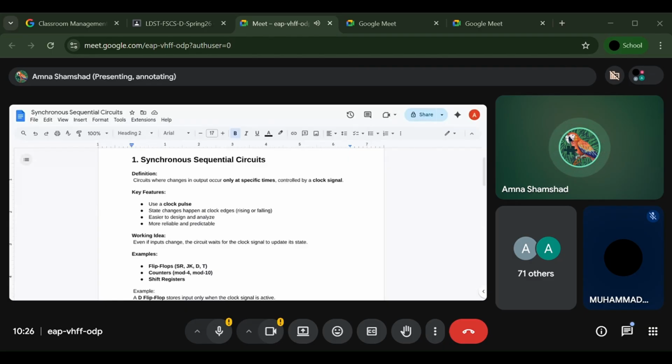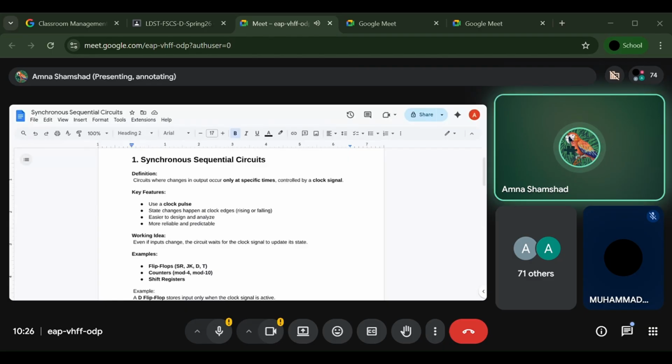Some other features of synchronous circuits are that they are easier to design. We can predict our signals, because when the clock is applied, it will change its output. The examples are what we have already discussed, like the D flip flop, T flip flop, JK. In one section we have done up to JK, and in section A we have done all four types of flip flops.